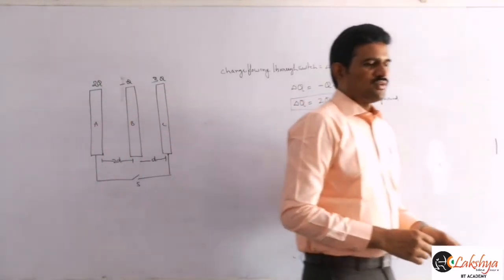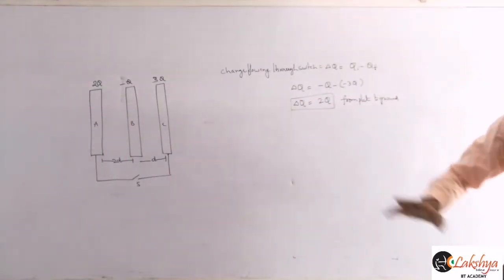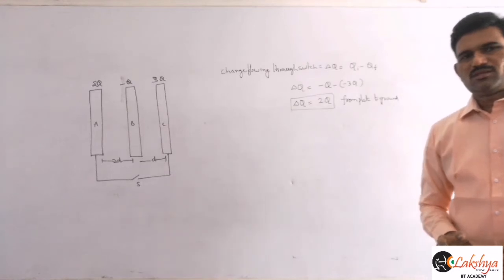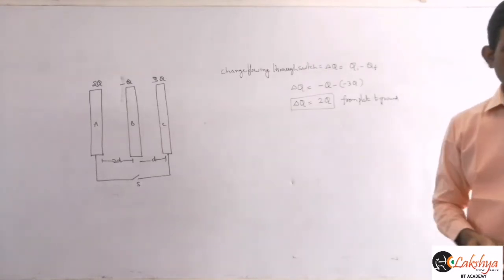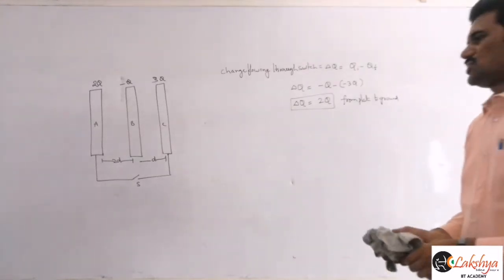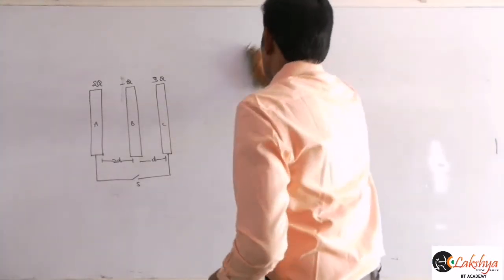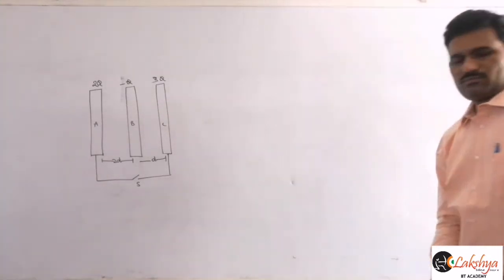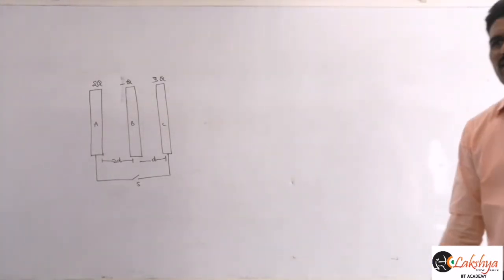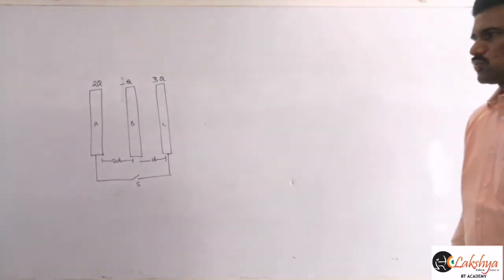In the system shown in figure, all the information is there in that figure. In the system shown in figure, the switch SC is initially kept open. Then find the charge flowing through it when it is closed.